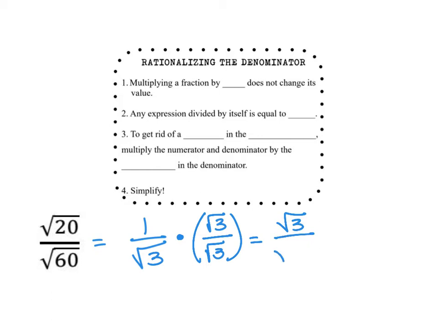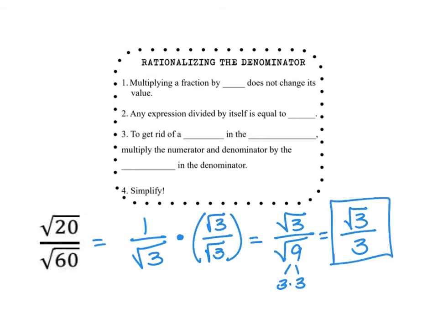Down here now we have the square root of 9. So what we essentially just did there was create a perfect square. So in the numerator now I have the square root of 3, and in the denominator I have just 3, because remember, this is 3 times 3. Now we have rationalized our denominator in order to eliminate any radicals in the denominator.